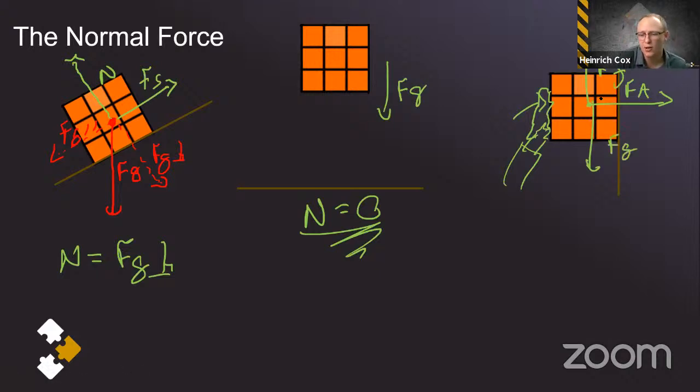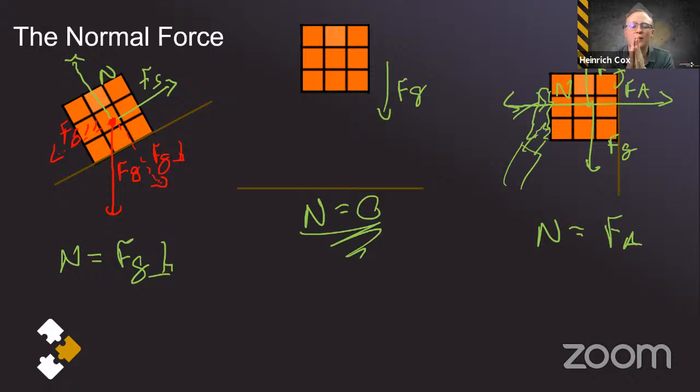Which means in order for this block not to go straight through the wall, there's got to be a balancing force coming this way. And it's the normal force. It's perpendicular to the surface. So in this interesting scenario, the normal force is equal to the applied force and doesn't even have anything to do with Fg. So the normal force is more than just Fg's little buddy.